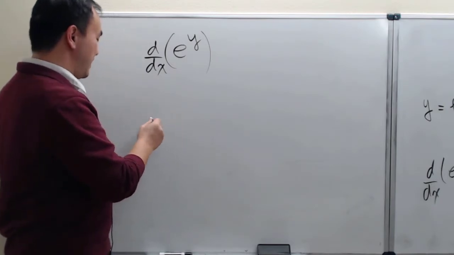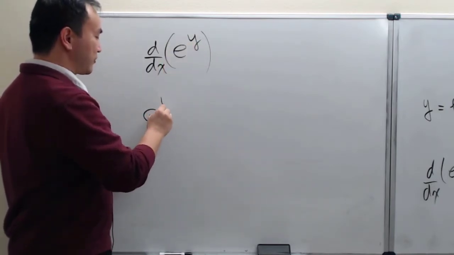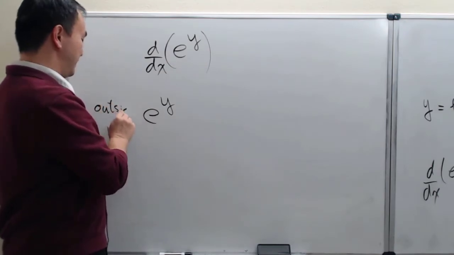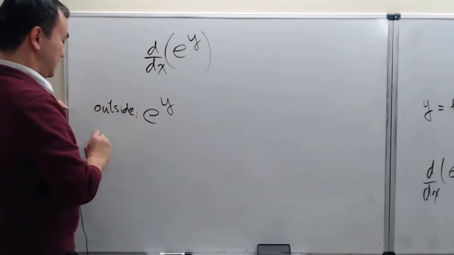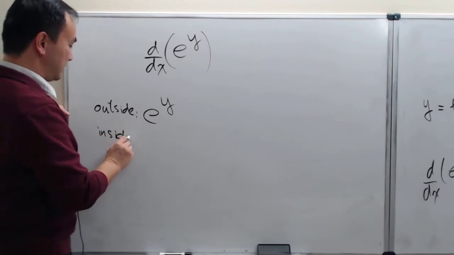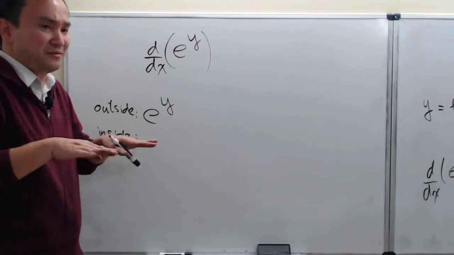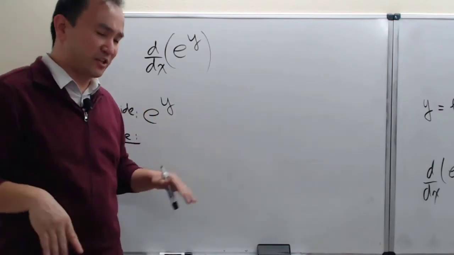That means e to the y is only an outside function. And the inside function, what is the inside? Just some unknown function of x. Pretend that we're going completely implicit right now.